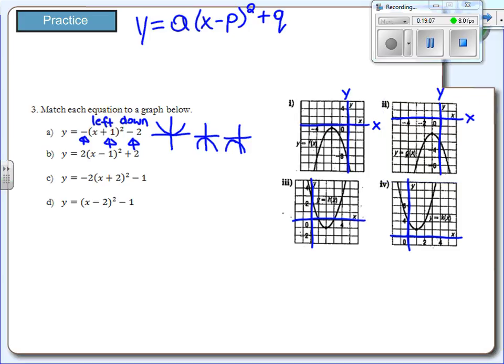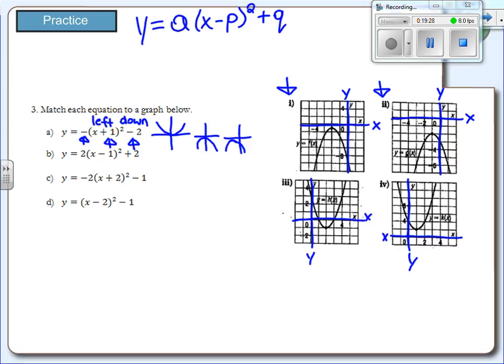All right, I'm looking for a graph that's opening downwards. So I'm going to have one of these two. The other two graphs are opening the wrong way. I need one that has shifted to the left. Well, these have both shifted to the left.